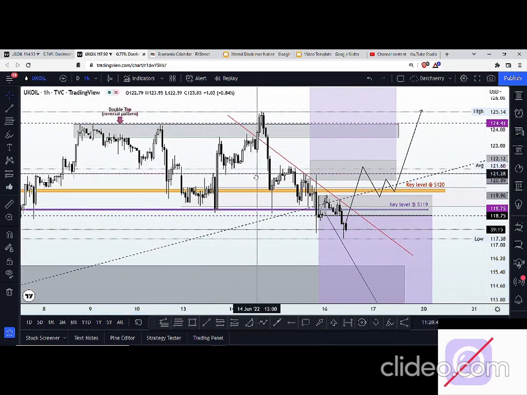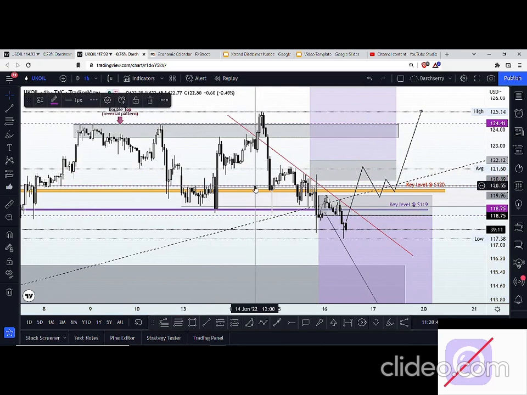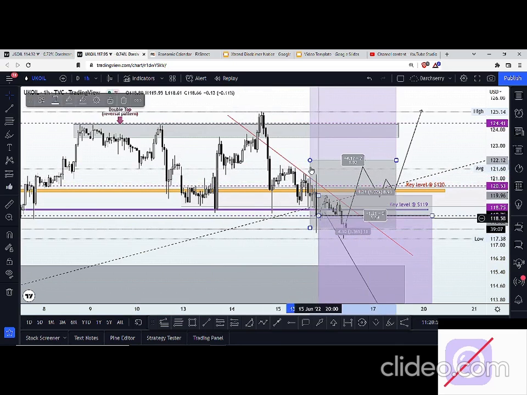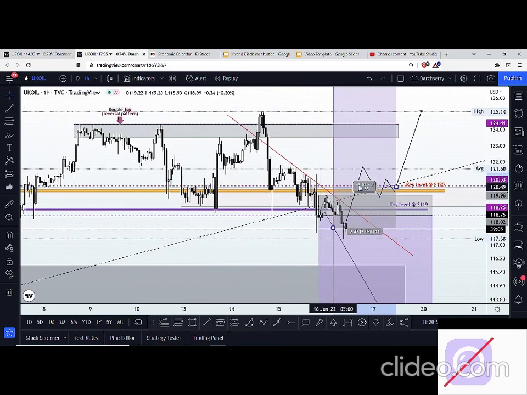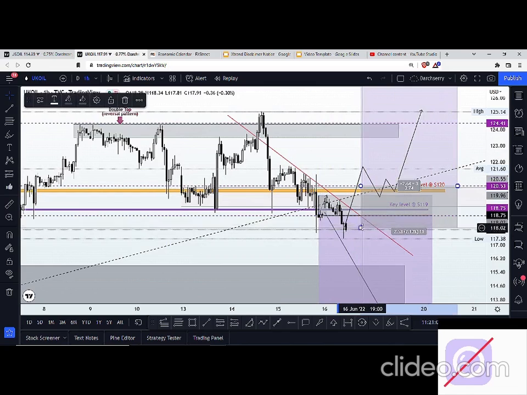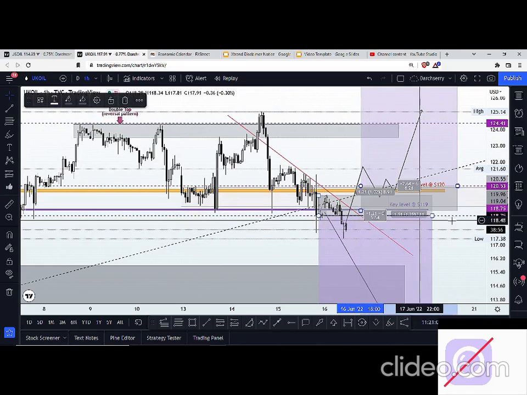So we would want to adjust our entry point right above that key level, that is around 120.50, after our confirmation is done. So we want to have something like this for any buying momentum here on the UK oil.